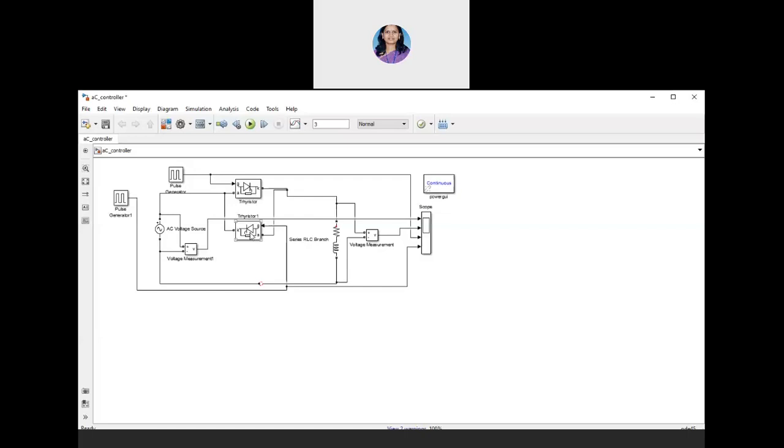In that we have understood that in the single phase AC voltage controller, two thyristors are connected in anti-parallel and the input is the single phase AC and the output also we will get in the form of AC, and we can control the output AC voltage according to the triggering, or we can say the control over the thyristors. So here now I will run the model.